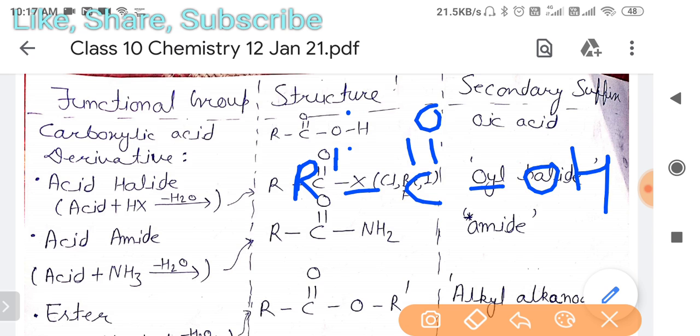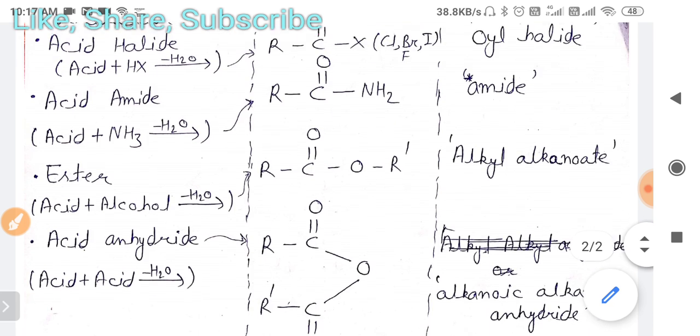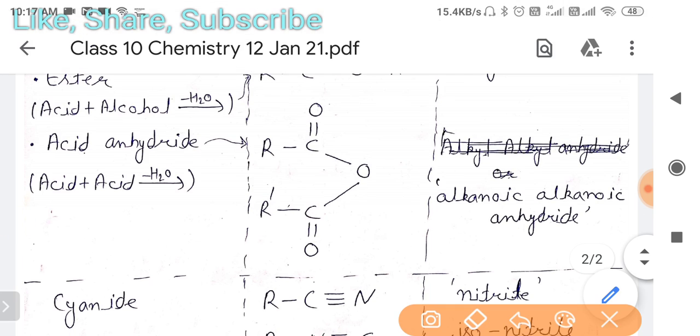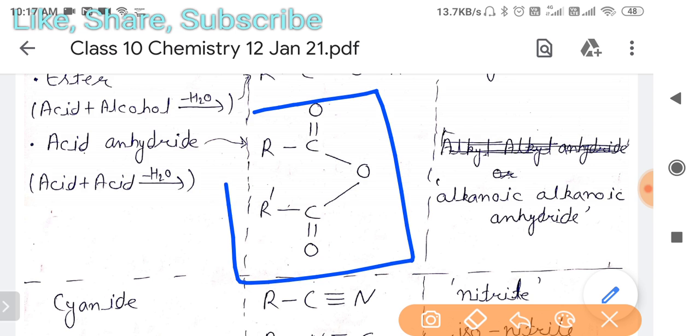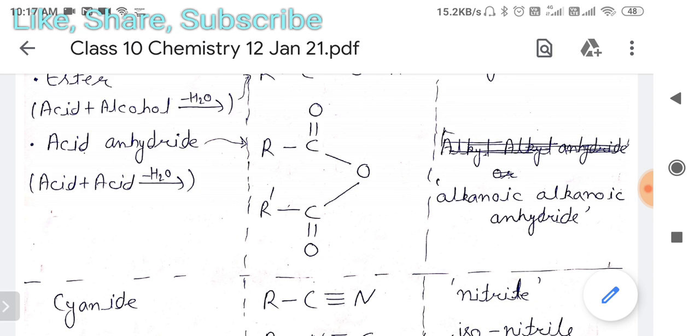Then you can write it as RCO-O-COR dash. These are two carboxylic acids represented here, and you remove only one H2O molecule, and it is known as alkanoic anhydride.